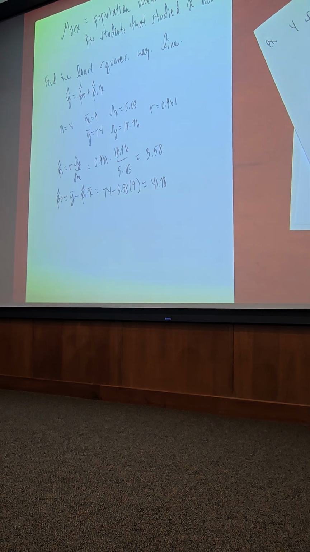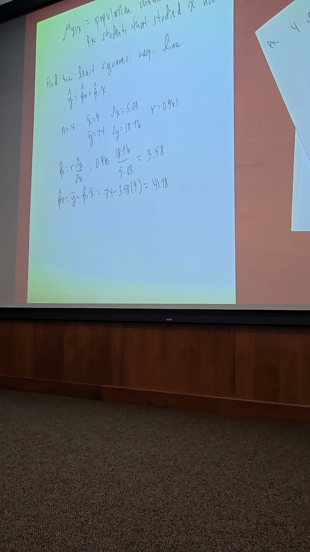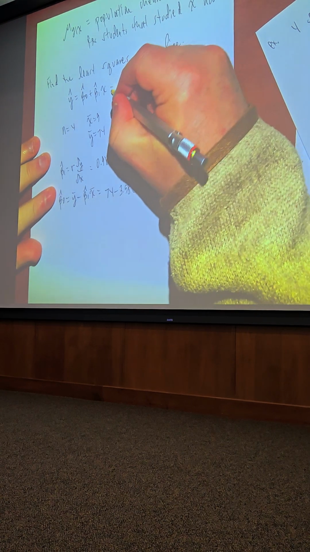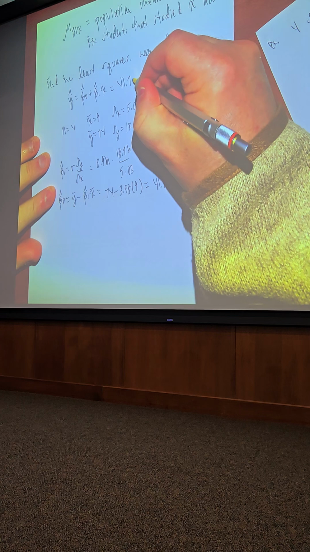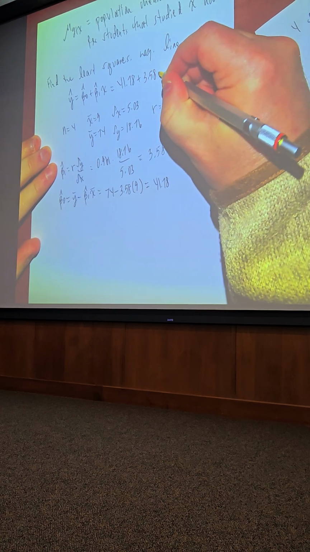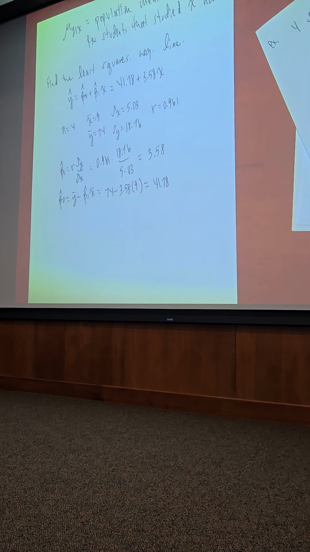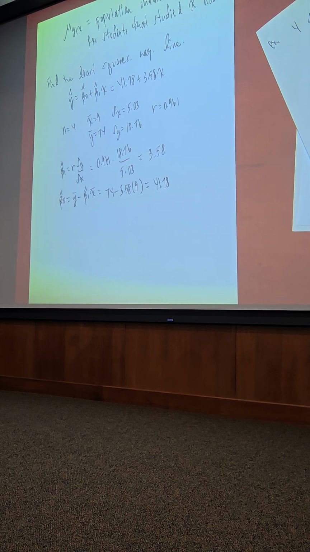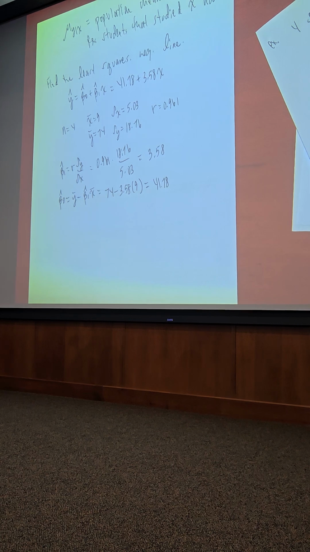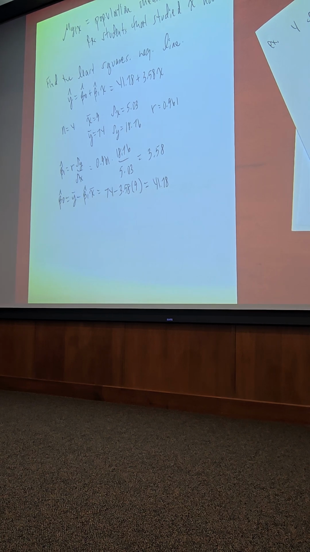Beautiful. Okay. So let's plug that into my least squares regression equation. So you have beta 0 hat, which is 41.78, plus beta 1 hat, 3.58 times x. That's my least squares regression line. Okay. All right.